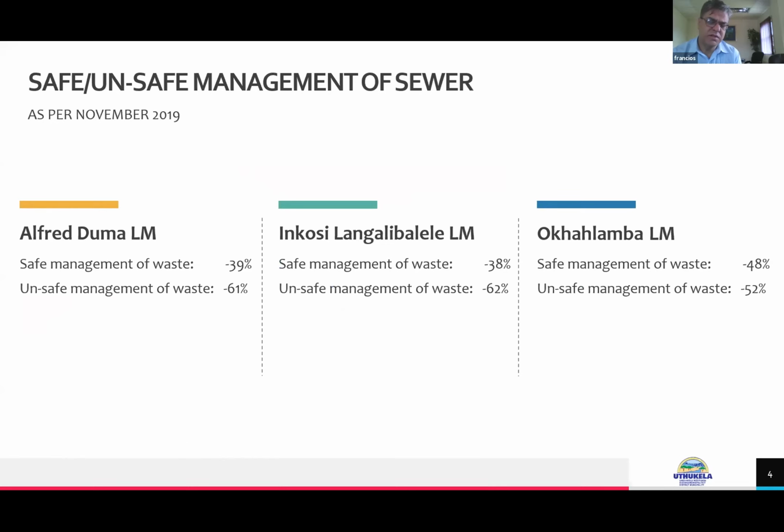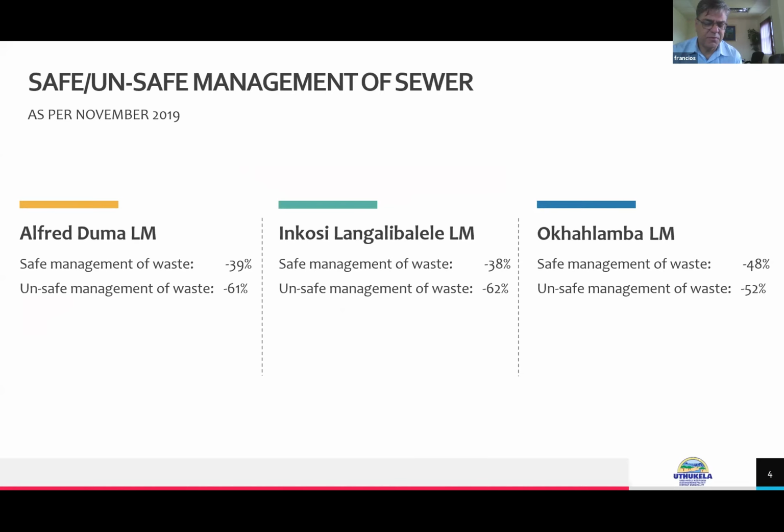When we did the SFD, we established that Alfred Duma had a safe management of waste of 39% only and unsafe of 61%. Inkosi Langalibalele had 38% safe management and 62% unsafe management.